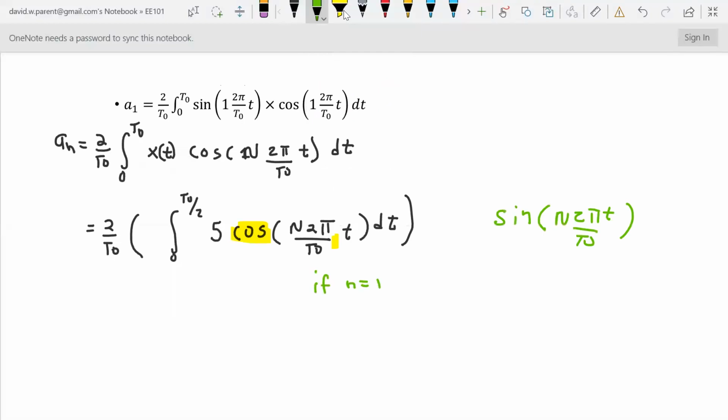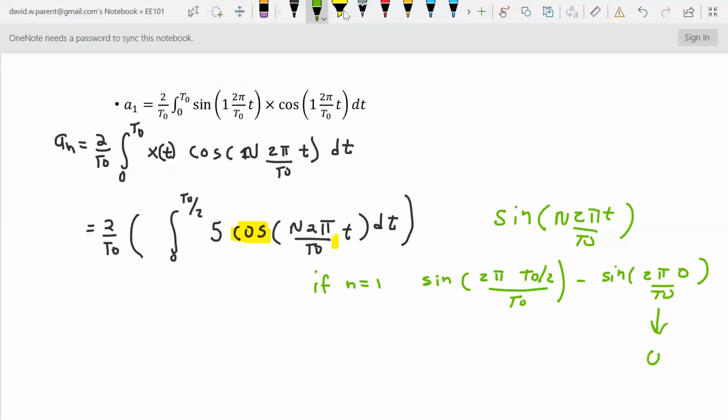if n equals 1, we get sine 2 pi t naught divided by 2, because I'm substituting t naught divided by 2 here, right? Minus sine 2 pi 0 divided by t naught.